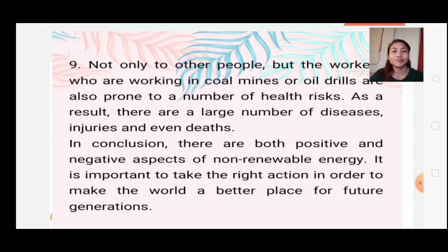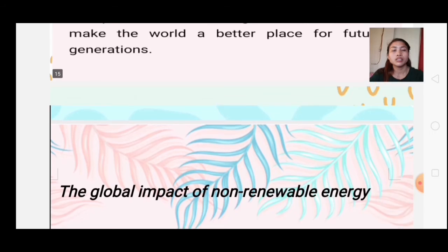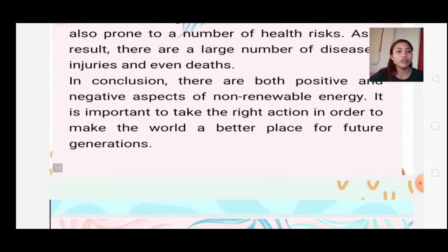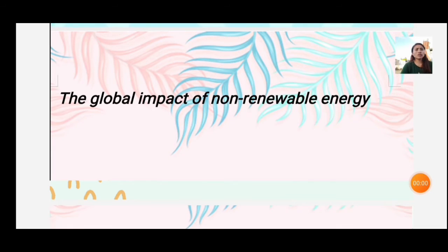So, kinahanglan po nato is, it is better to choose a right action for a future generation. So, dapat is, ito i-double check kung goods ba na siya or dili inana. So, let's proceed to global impact of non-renewable energy.